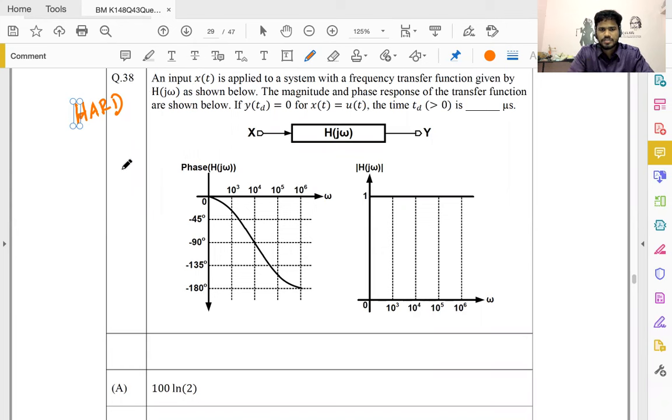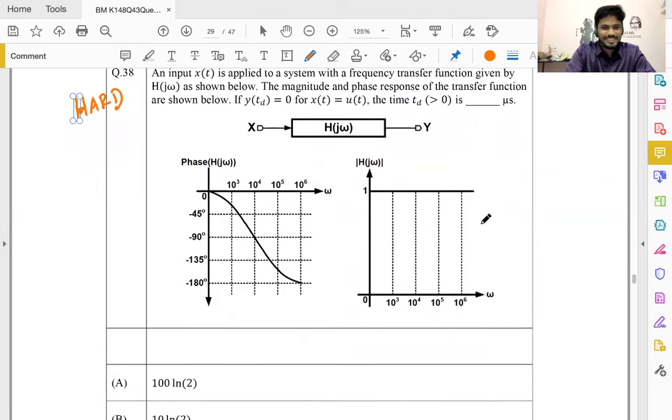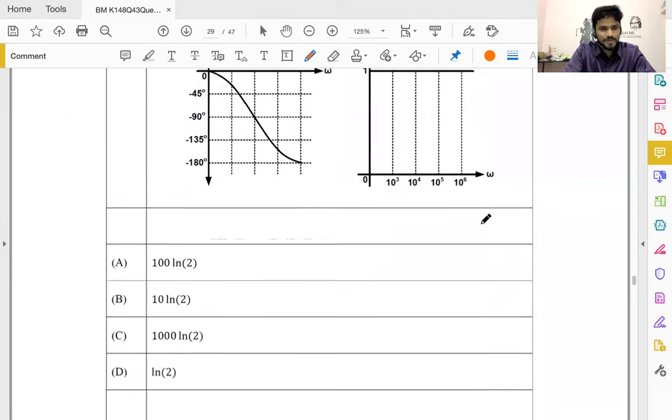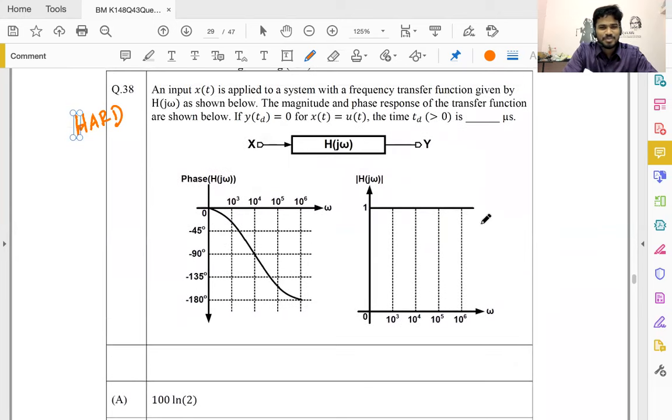So finding the transfer function from the Bode plot, if you can't do that inverse problem, we are going to have trouble. Anyone managed to solve this? Okay, so there was this auto horn sound. Probably the student is busy traveling outside or something like that. Understandable. So let's get back to the problem at hand.